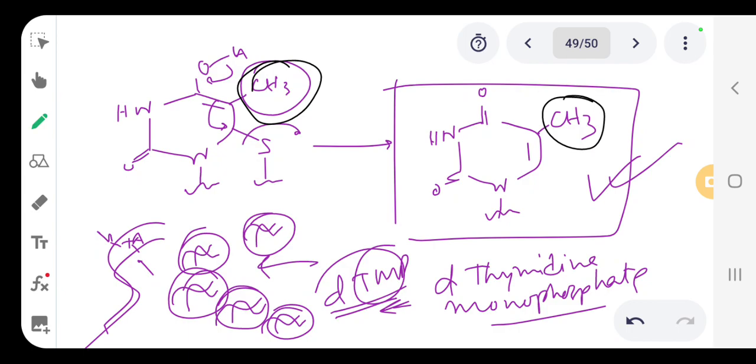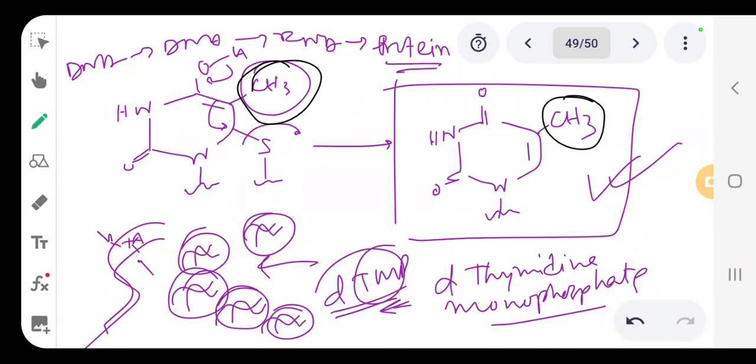The process of the central dogma, DNA to RNA to protein, will not break down, because DNA synthesis will be going on with the help of deoxythymidine monophosphate. All those things sum up that without folic acid a newborn baby may have some DNA defects.